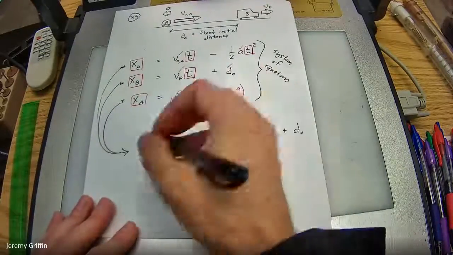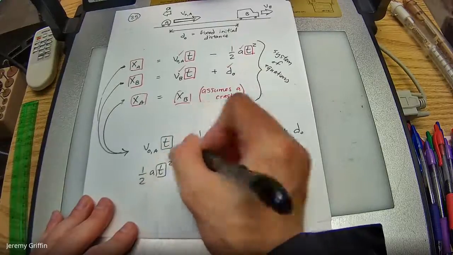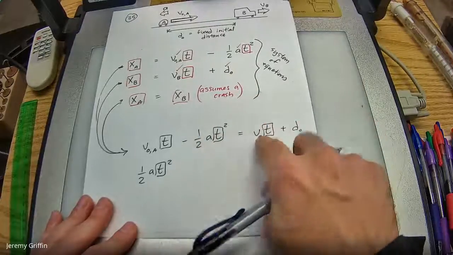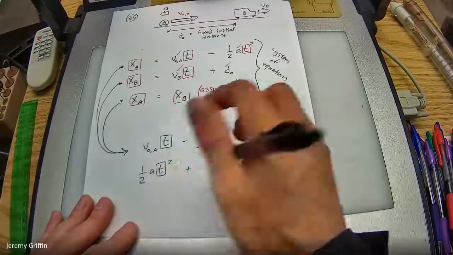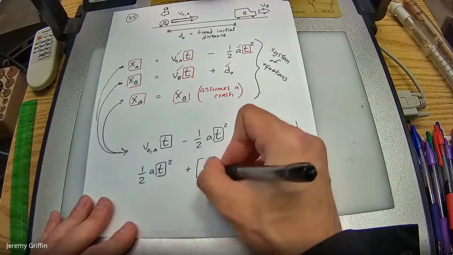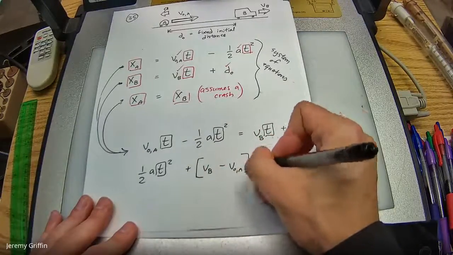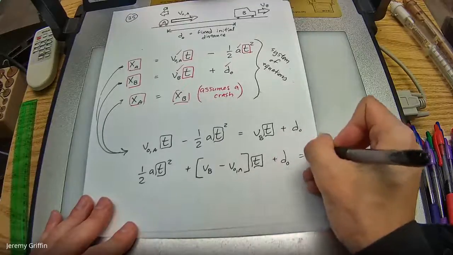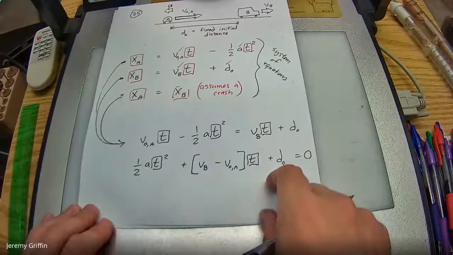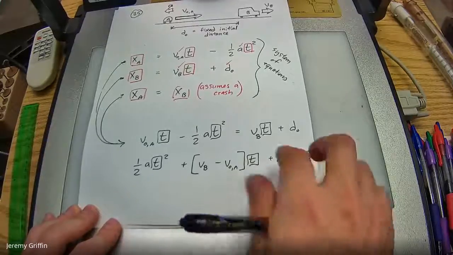I'm gonna rearrange this. So 1/2 a t squared, add this over, that'd be plus vb t minus va naught t. Save a little bit of time, I'm gonna factor the t out and do a couple of algebra steps in one here, plus d naught is equal to 0. Okay, something like that. And then, hey, we have it in that form: something t squared plus something t plus d naught.